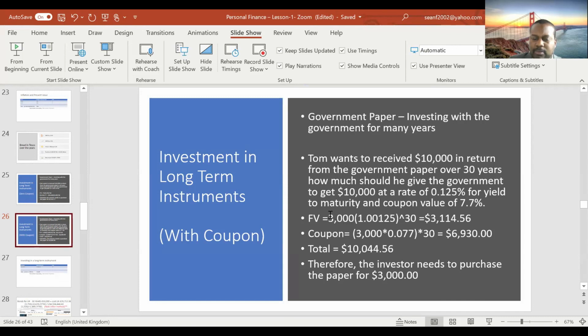a rate of, we're starting off with 3,000. So we're going to basically work from that. Okay, so with 3,000, 7.7, and 0.125, these are the rates.